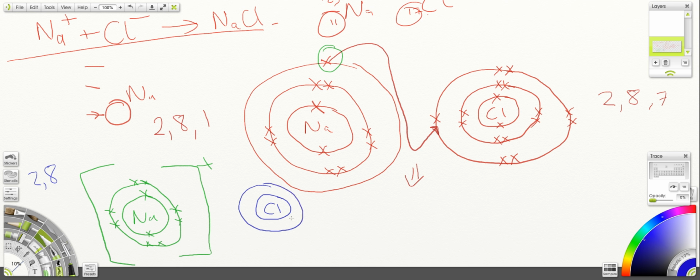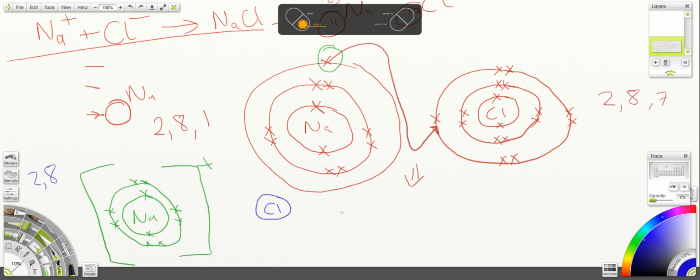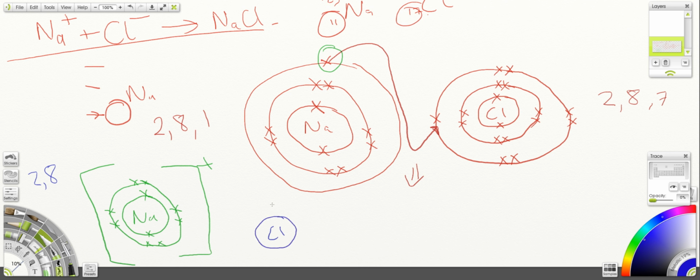So let me just undo that. Okay, so undo that. So the chlorine, I'm just going to make it smaller so that it can fit on. So 1, 2, and 3. Right, the chlorine is going to have an extra electron, so you're going to have 2 in here.